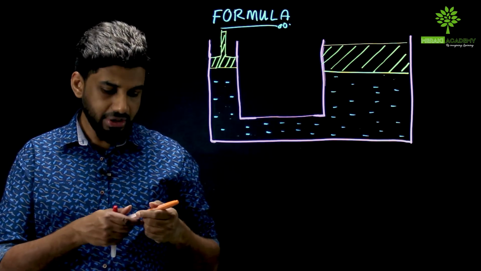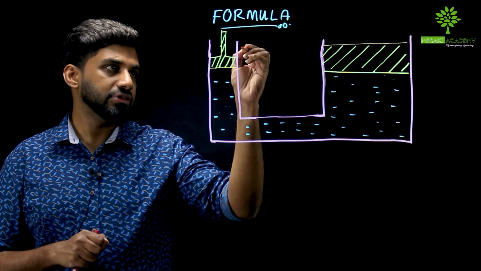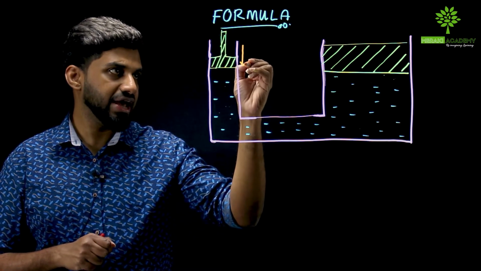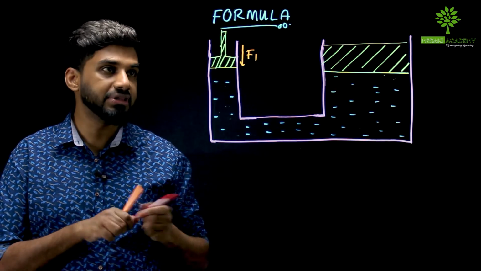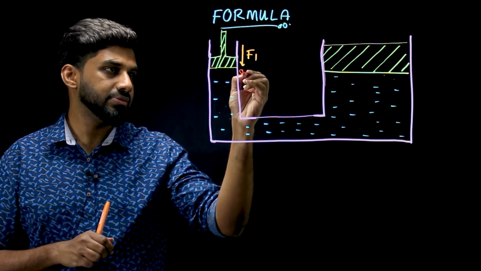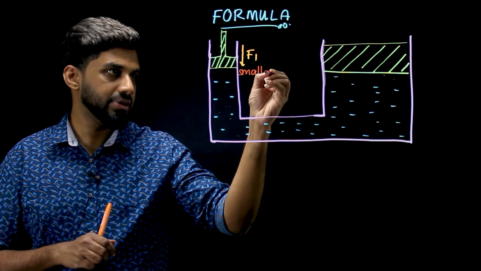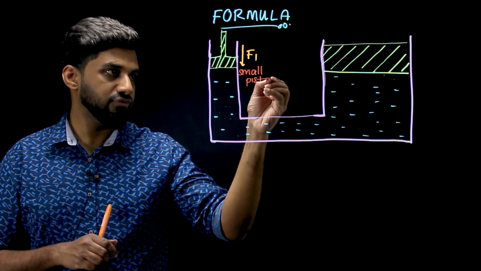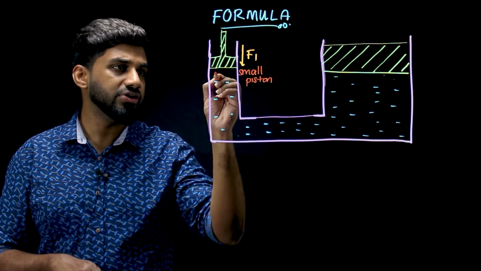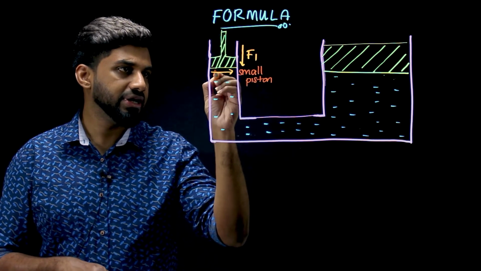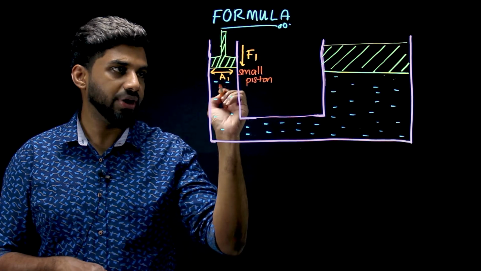Now, when a force is applied on the smaller piston, let's say a force F1 is being applied on the smaller piston. Let me label this as the small piston. So a force of F1 is applied on the smaller piston, and let's assume the area of the small piston here is equal to A1.